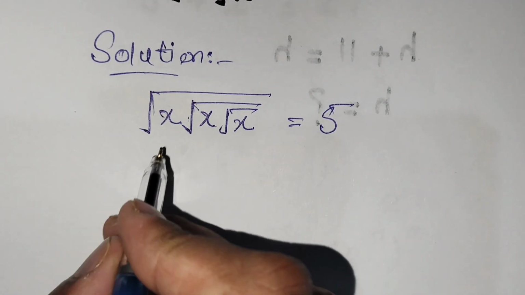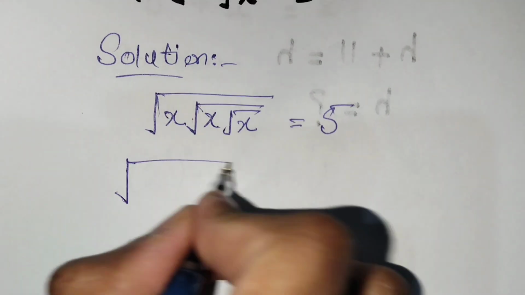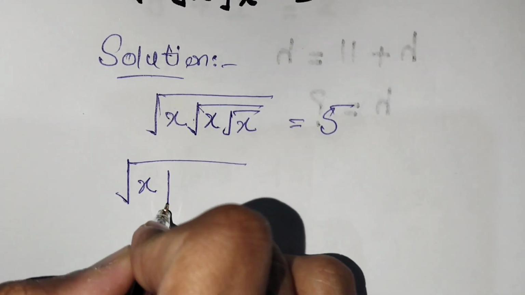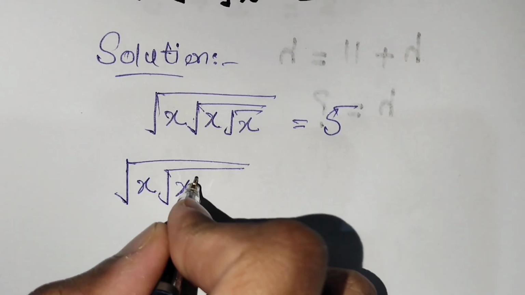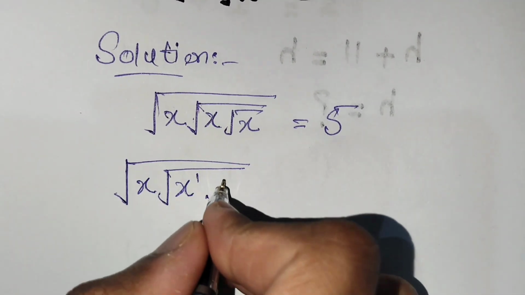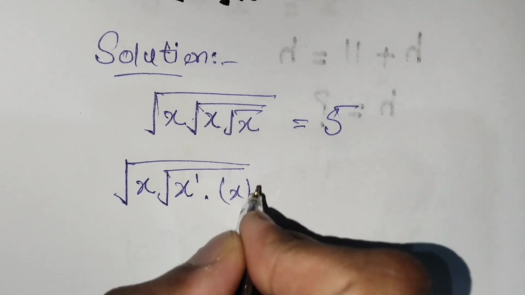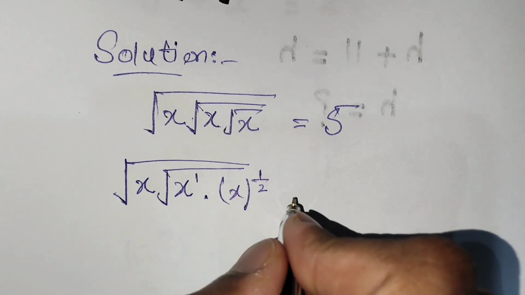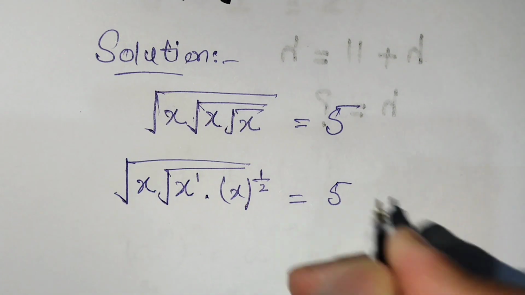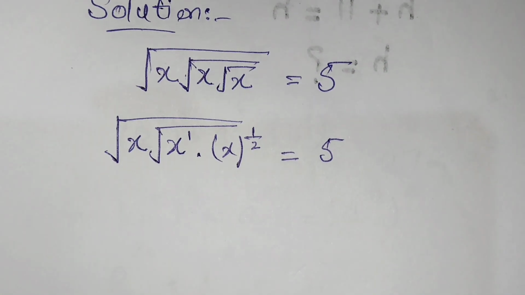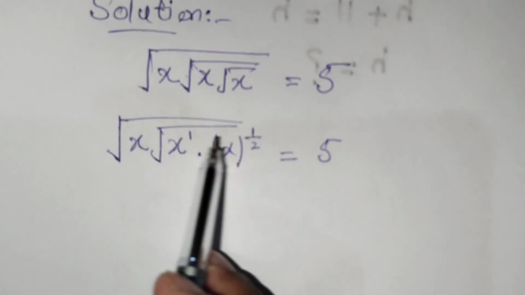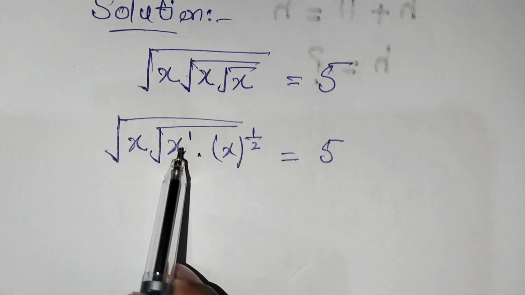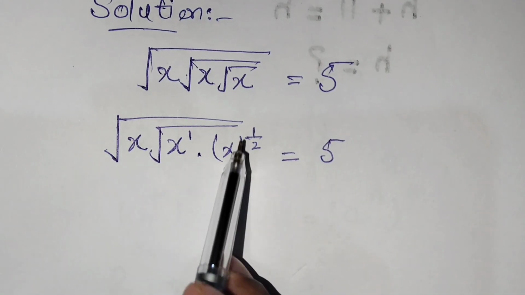Now we can write this as square root of x power 1, and this is x power 1 by 2 is equal to 5. This is power 1, this is power 1 by 2, so the same base, the exponents will add up.